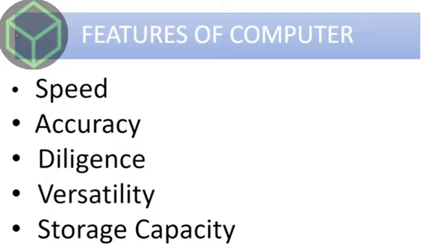And the last feature of a computer is storage capacity. A computer has a large storage section where we can store a large amount of data for the future. Such data is easily used when we need it.